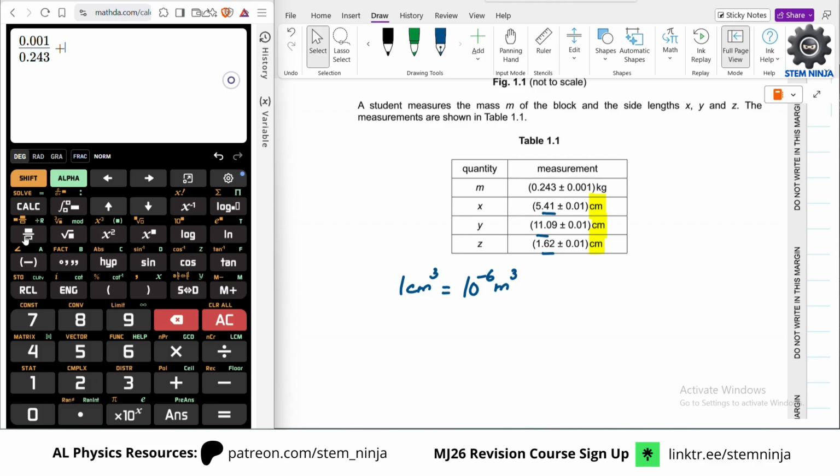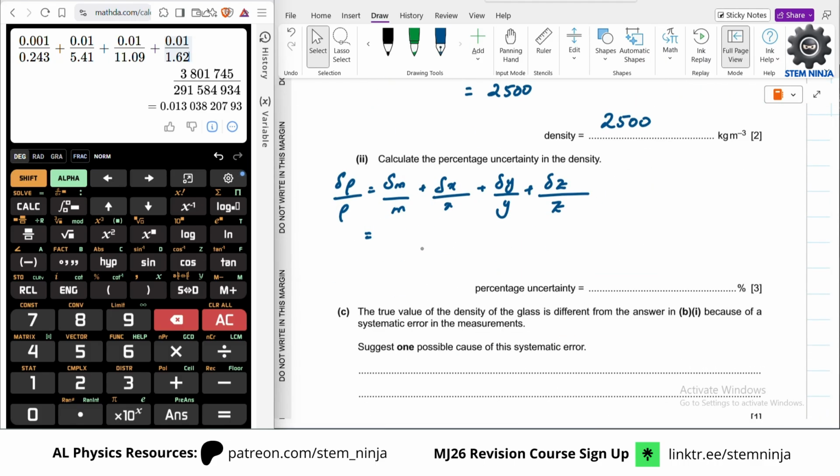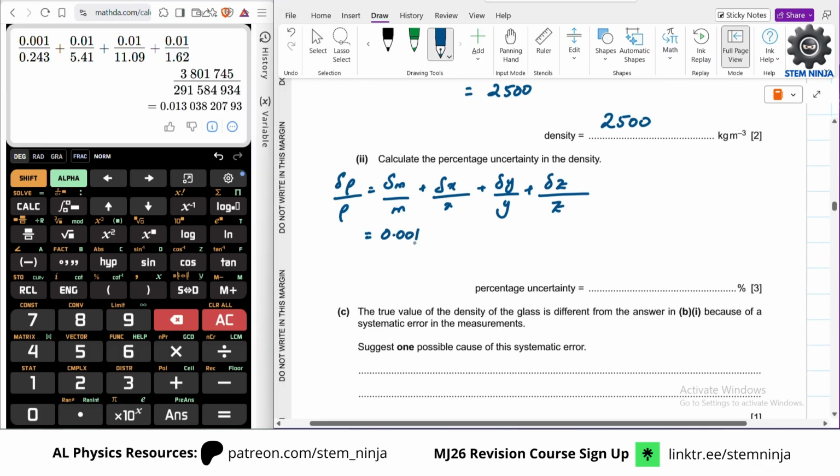0.001 over 0.243 plus 0.01 divided by 5.41 plus 0.01 divided by 11.09 plus 0.01 divided by 1.62. Actually, you could have just used the division symbol over here, absolutely no problem, but since I have to copy this below, I'm writing it this way.